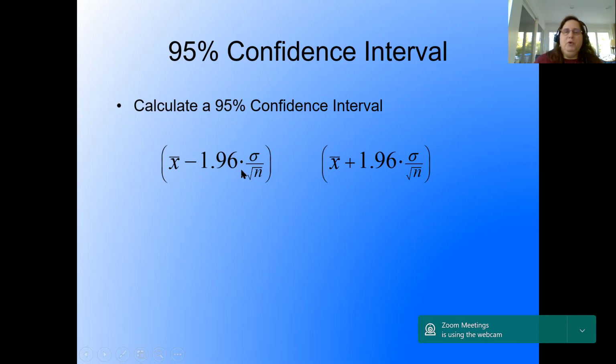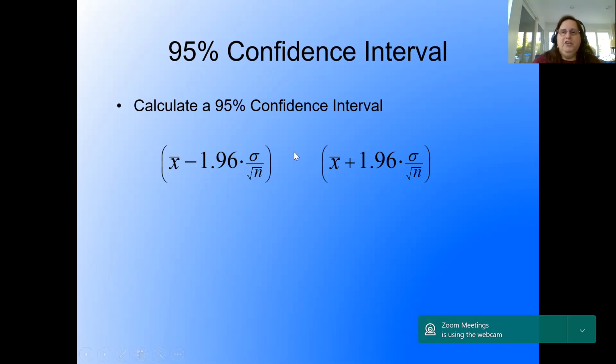If we take 1.96, which is our number of interest for a 95% confidence interval, multiply it by sigma over the square root of n, and then we take X bar and subtract that value, or X bar and add that value, we will get our edges for our 95% confidence interval. We will get the 2 points that we need.